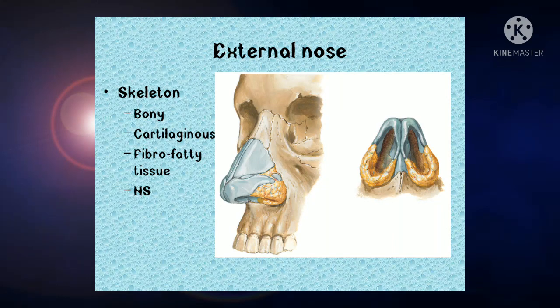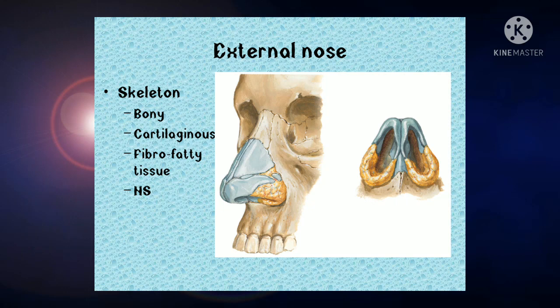The external nose has a skeletal framework that is partially bony and partially cartilaginous. The bones are the nasal bones, which form the bridge of nose, and the frontal process of maxillae. The cartilaginous parts are the superior and inferior nasal cartilage, the septal cartilage, and small alar cartilages.